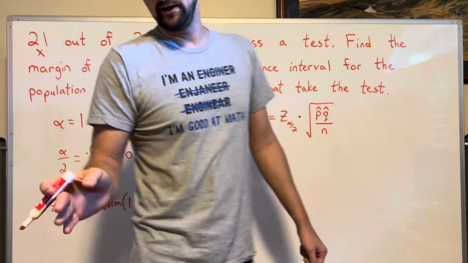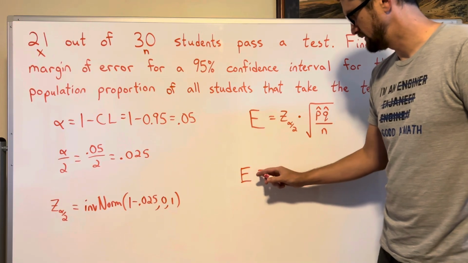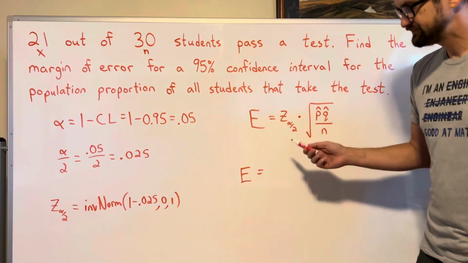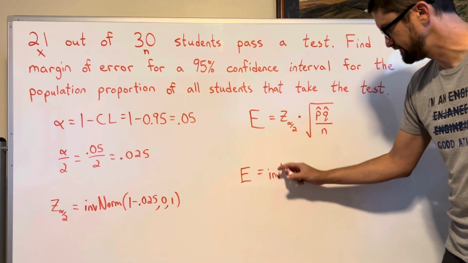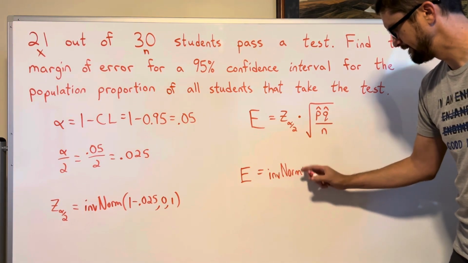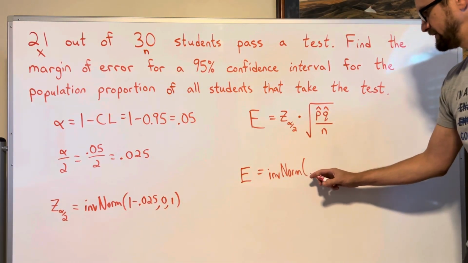Okay, so let's plug in what we need to find the margin of error. Z, we're going to plug in inverse norm. This is going to be 0.975.